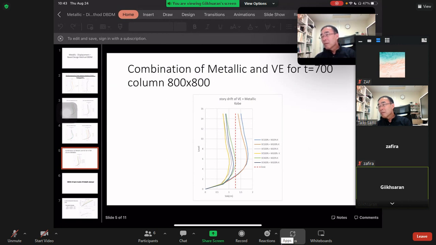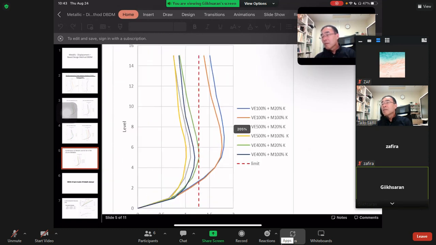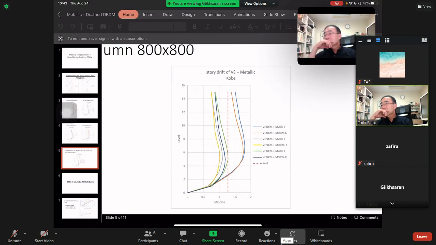Before, all designs of metallic damper were so good, so I chose metallic 20% and 100%, combined with the good versions of viscoelastic damper, that was 400% and 500%.